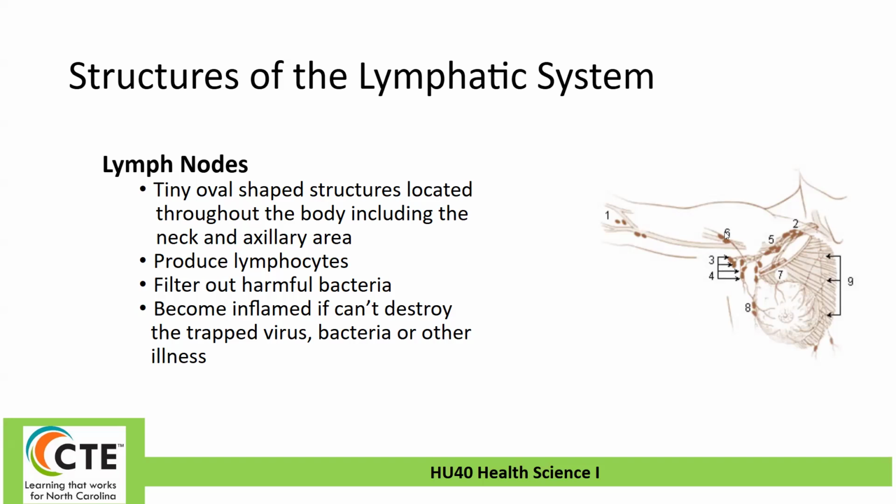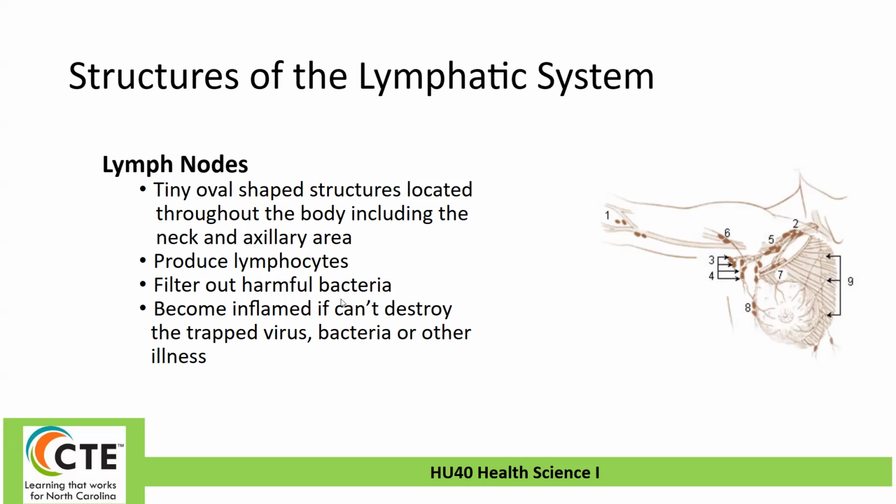But what the lymph nodes do, like I said, they're tiny oval-shaped structures located throughout the body, and they produce that lymphocyte. That lymphocyte is there to attack that infection before we have to get an antibiotic to really attack it. Those lymphocytes are trying to attack it naturally.